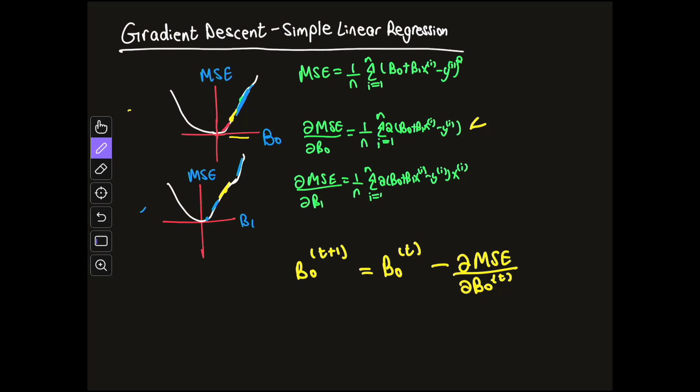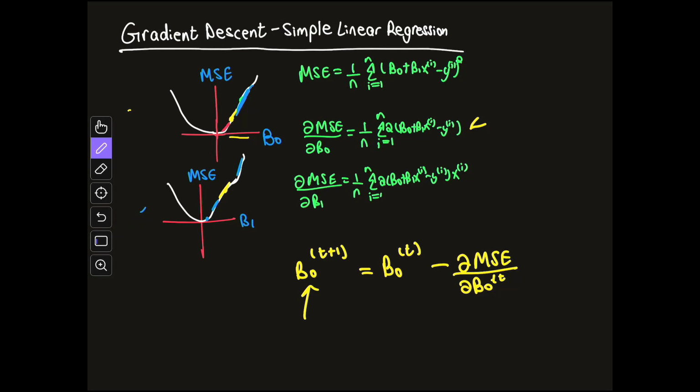There's different ways of writing this. What I really mean is the derivative of the MSE with respect to beta naught evaluated at beta naught equal to the old value of beta naught. So this beta naught that is involved in the function is going to be the old value. It's our old parameters. And so all we're doing is getting our new value.